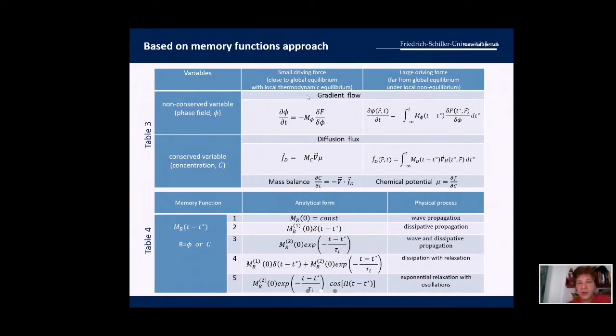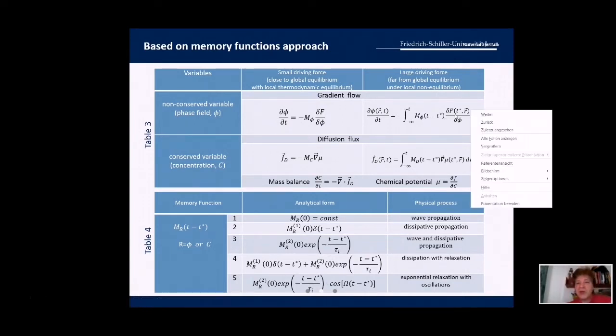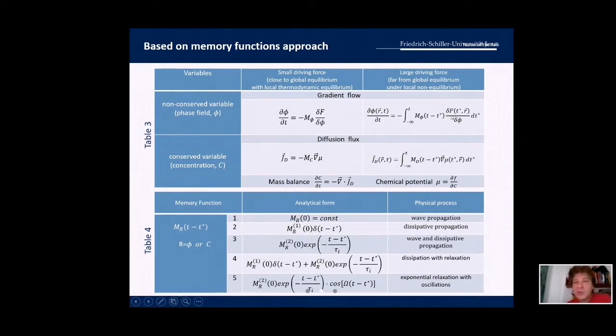And instead of this instant equation, we have the change of the order parameter in time due to the integration from the past, from minus infinity to the current moment of time, t, and then we have memory in this case, and also we have a variational derivative with respect to phi of the free energy, and all these terms play an essential role in the evolution of our order parameter.